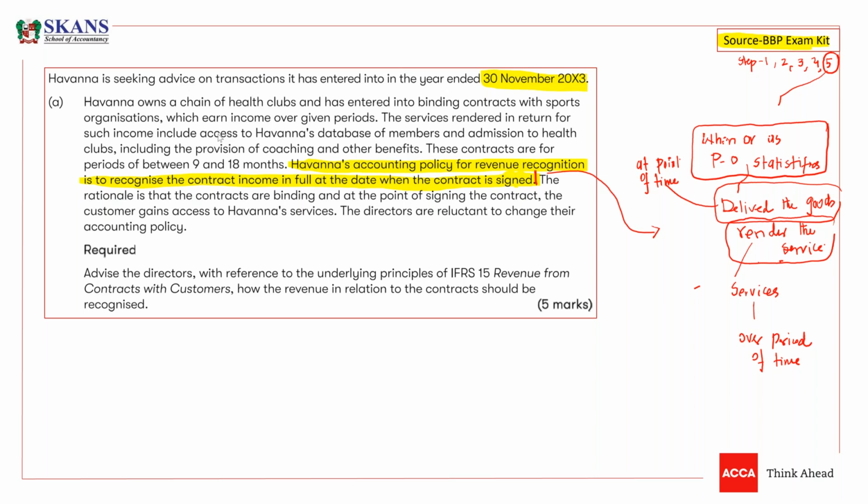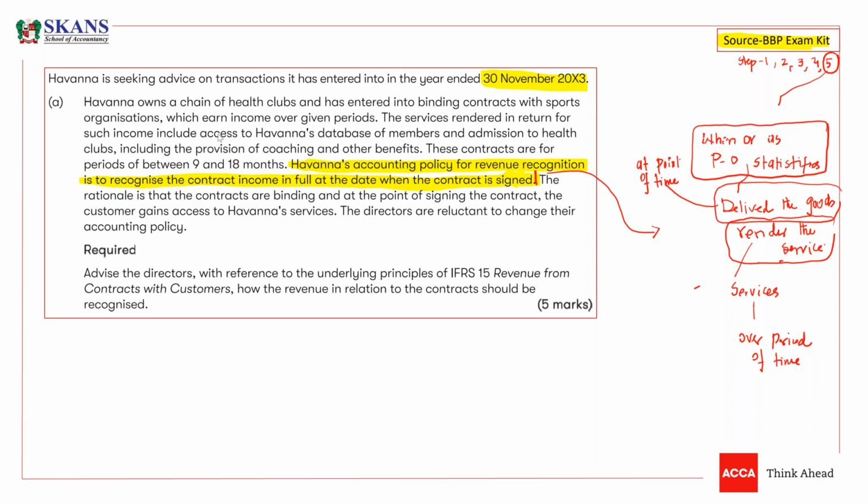The directors are reluctant to change their accounting policy. So do let me know why they are reluctant to change their policy. You need to tell them why. Obviously it will reduce their revenue. They want to show more revenue.